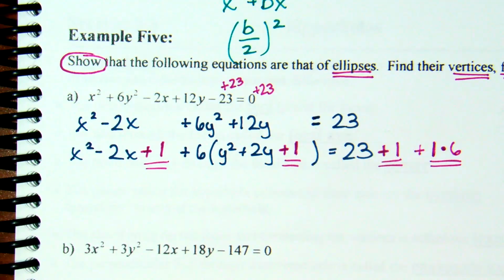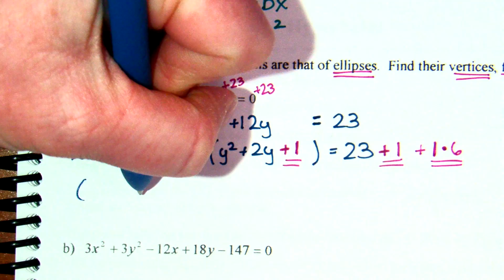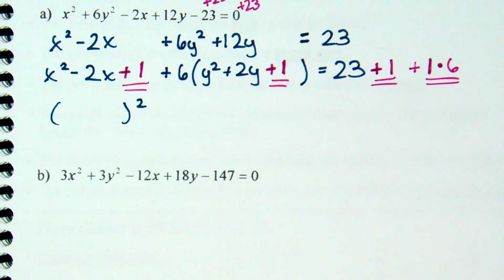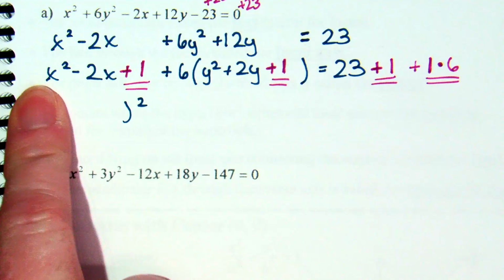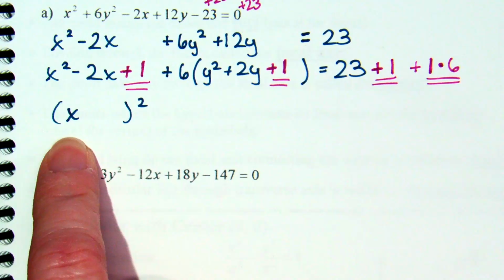Every time after we complete the square, the whole plan was we were setting ourselves up to factor. So we are set up to factor. We're always setting ourselves up to factor into that parentheses squared. So square root of x squared is x.